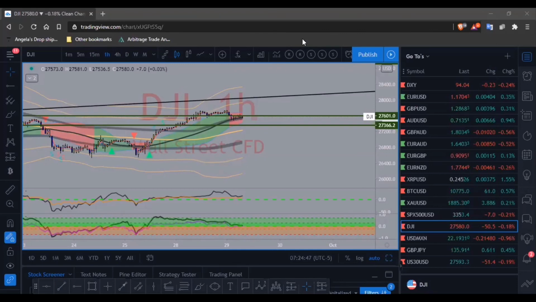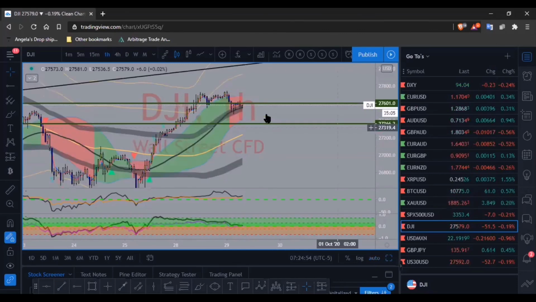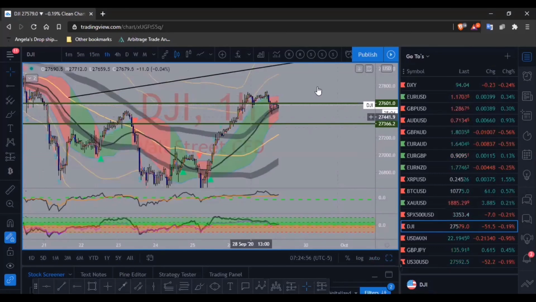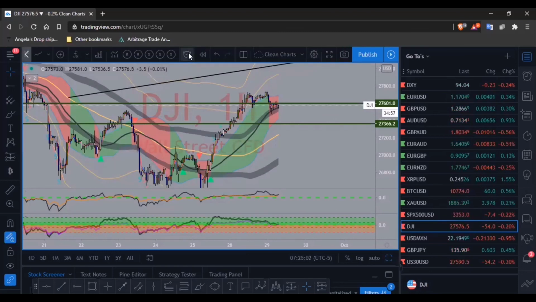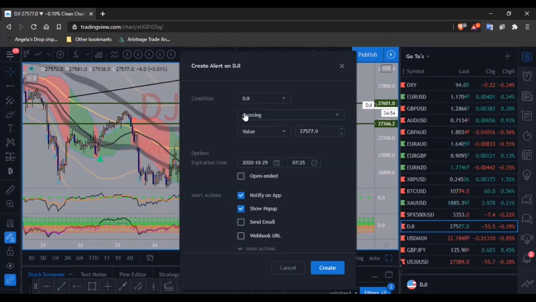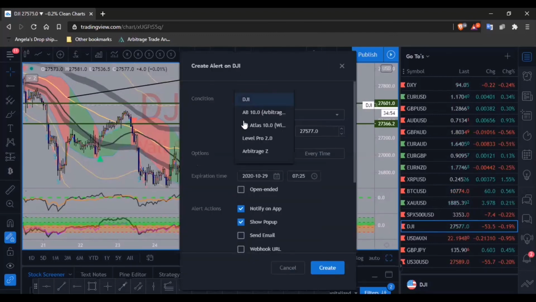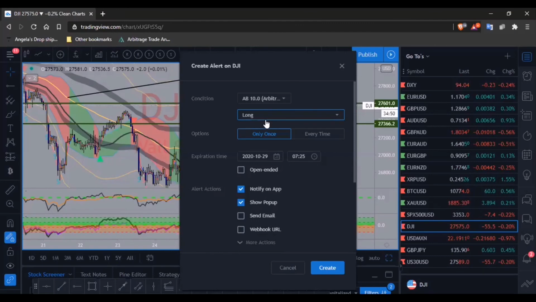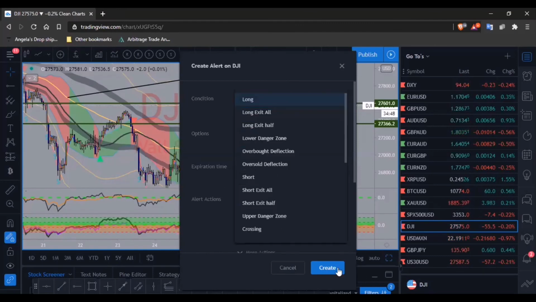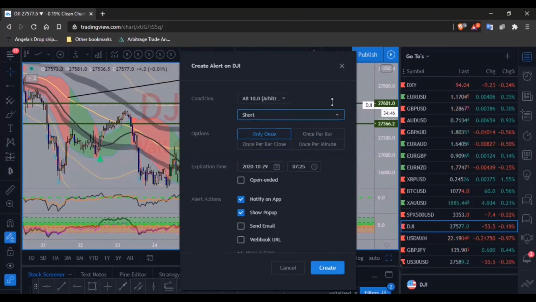And like I said, likewise with Dow Jones, you guys, it looks literally the same. I'll just go ahead and set the alert for this as well. I'm pretty sure they both will go off very close to the same time for the sell. So short, create. All right.